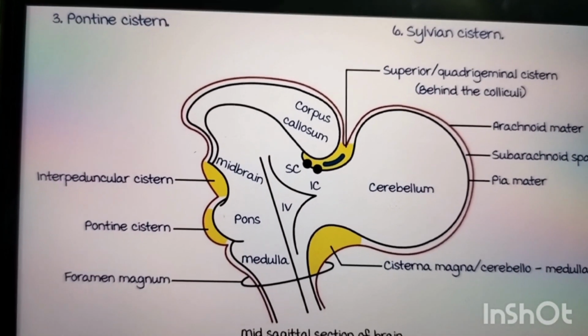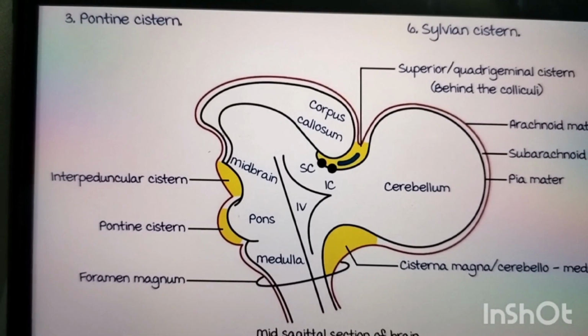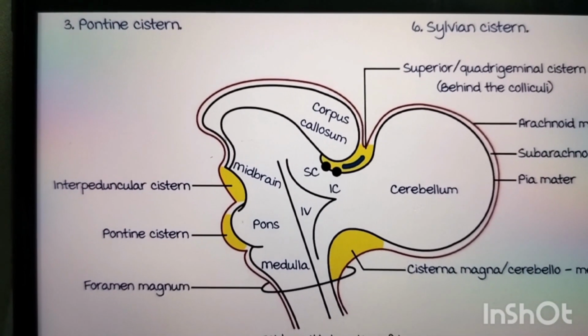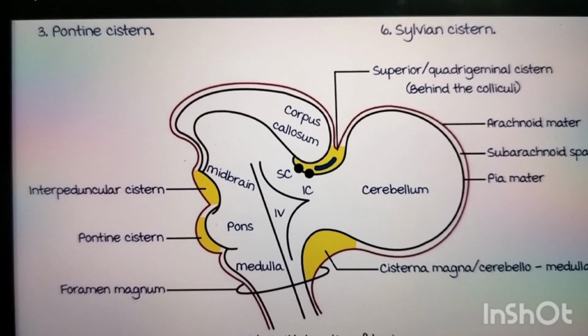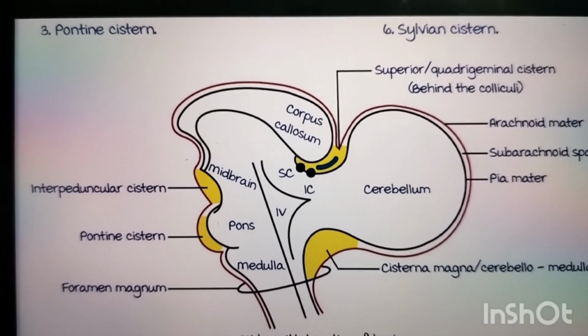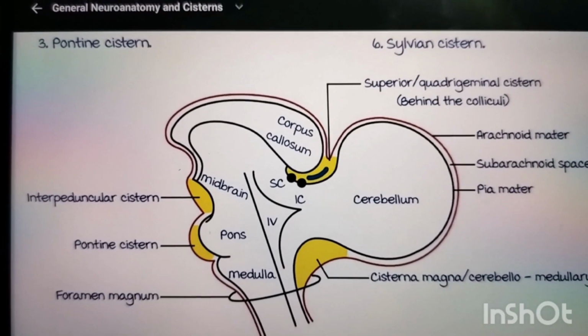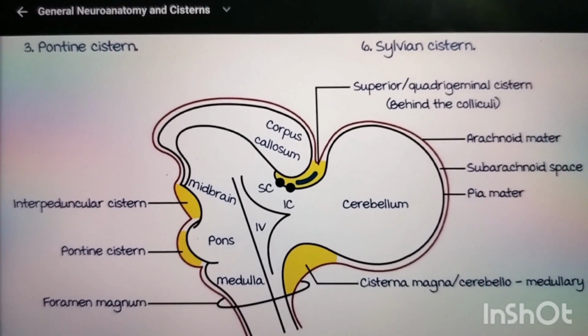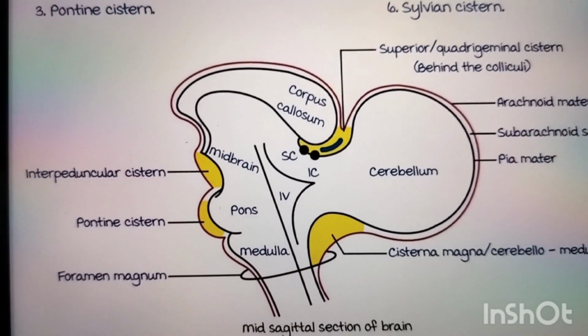I want you to anticipate this picture because we'll cut a section of the brain through the corpus callosum, which is a white matter bundle connecting the two cerebral hemispheres. You are seeing this is the corpus callosum.